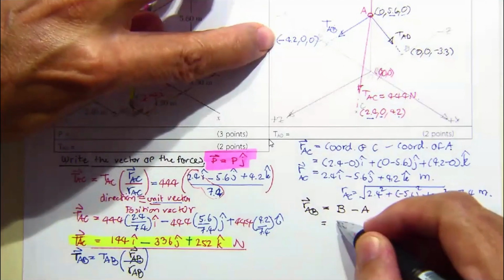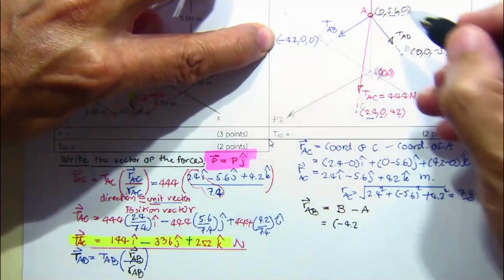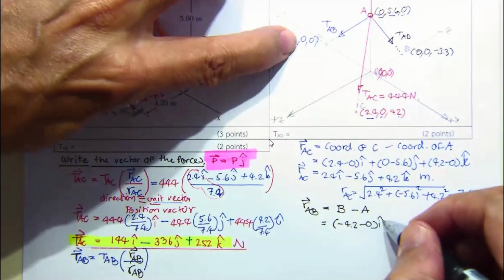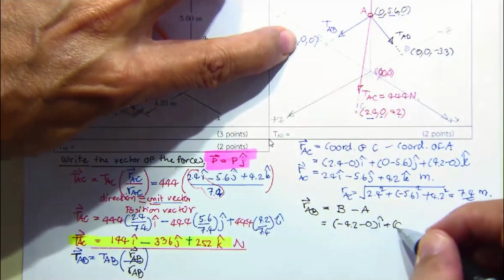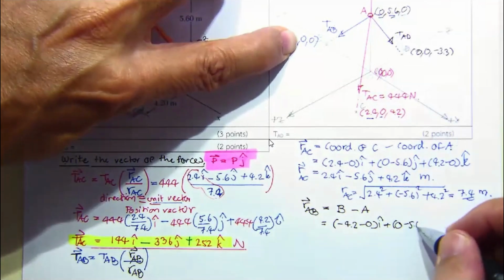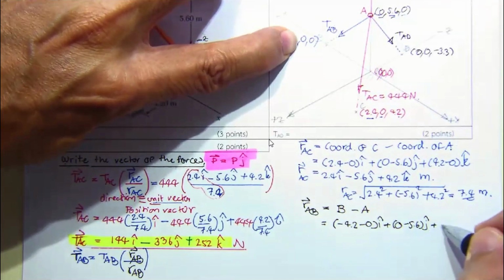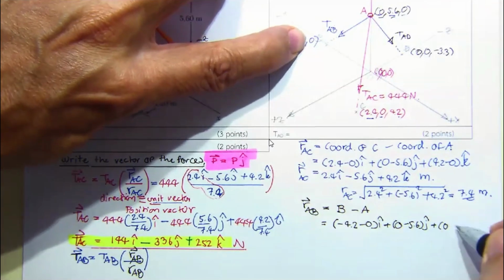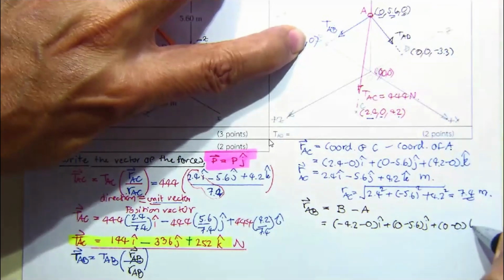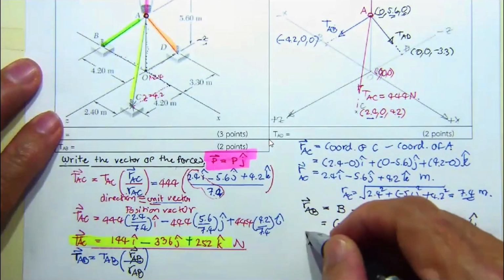Equal to minus 4.2 minus 0 I, then 0 minus 5.6 J, and then the last one plus 0 minus 0 K.